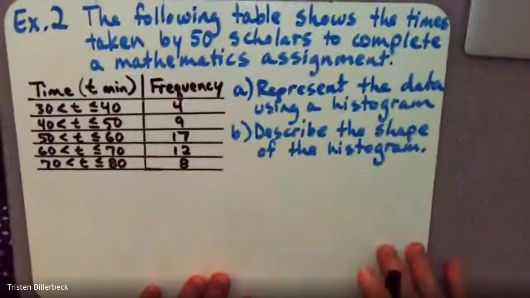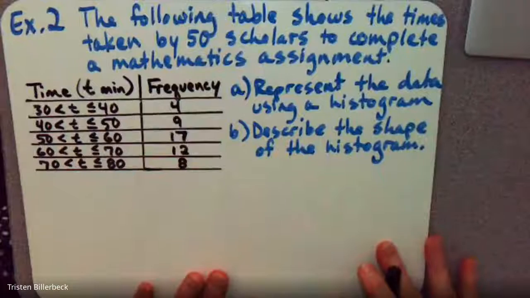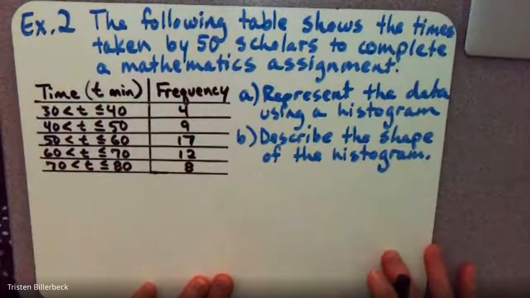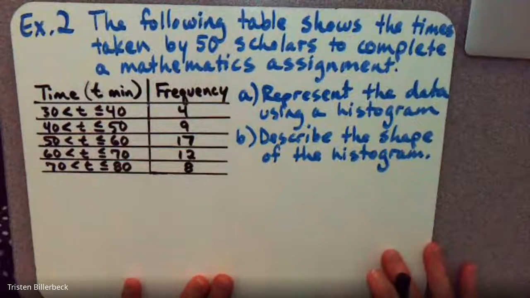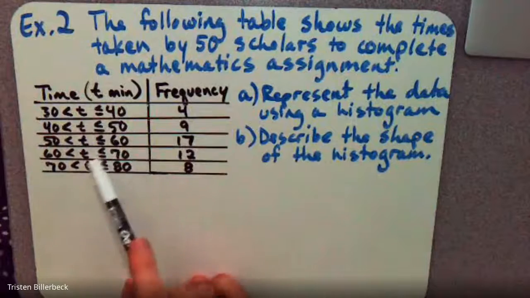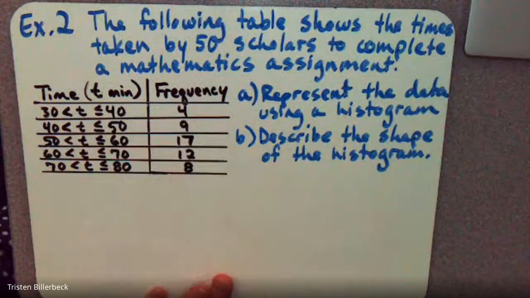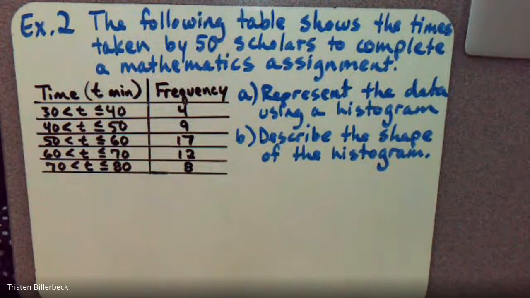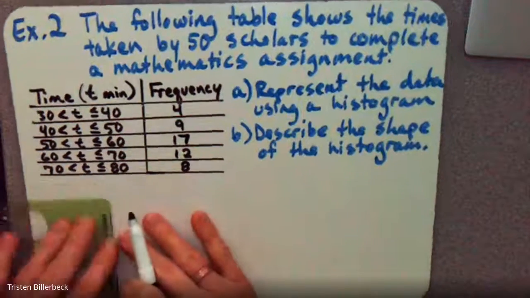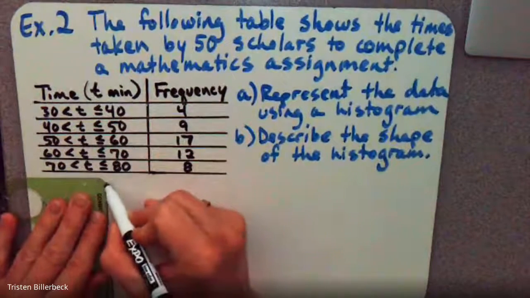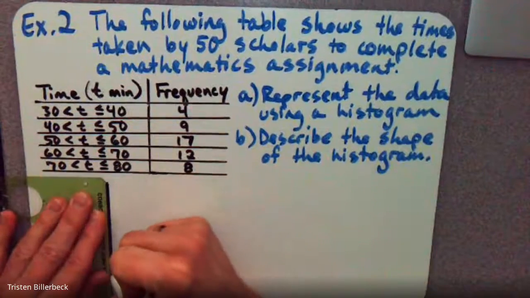Okay, here's an example of when we have 50 scholars and they're completing a mathematics assignment. So these are the different times that it takes for these scholars to complete their math assignments. So let's make a histogram. Okay, so we're going to put the frequency on the side.